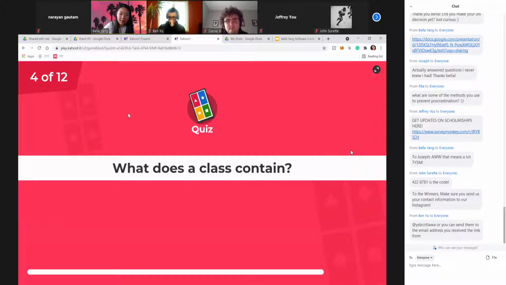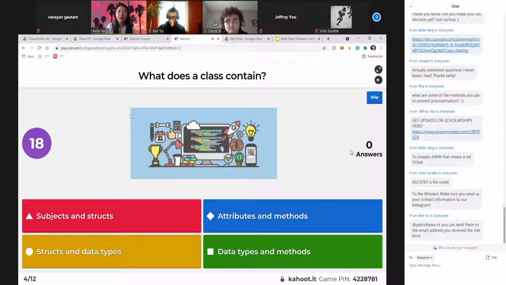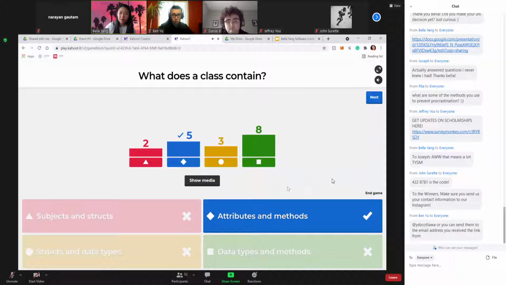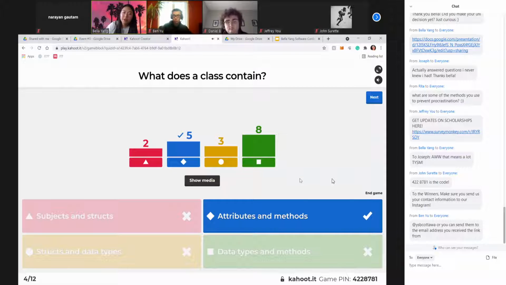What does a class contain? So object-oriented programming. Three, two, attribute and method, essentially variables and functions.